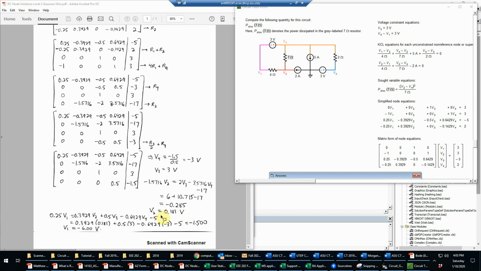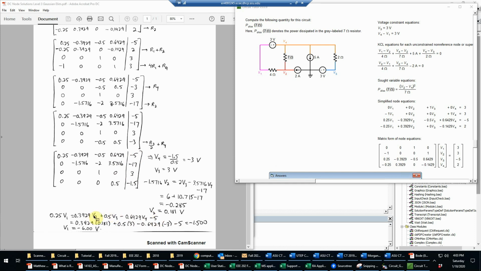So that finds V2. And then finally we go up to the top row to find V1. And so that equation can be written as 0.25 V1. And then we bring everything else over to the right-hand side because we know V2, V3, and V4 now. So we'll have plus 0.3929 V2, plus 0.5 V3, minus 0.6429 V4, and then we, of course, have the original negative 5 that was already on the right-hand side.